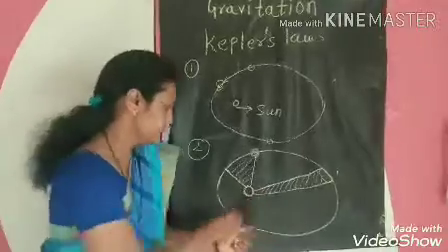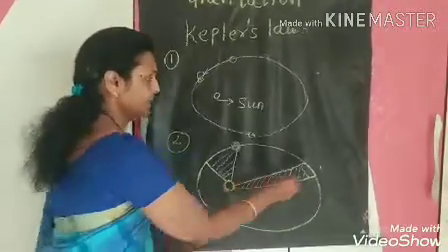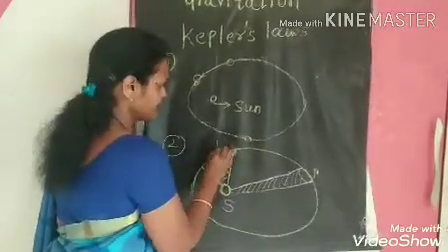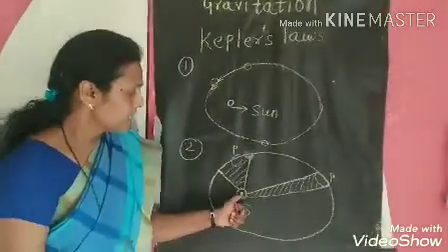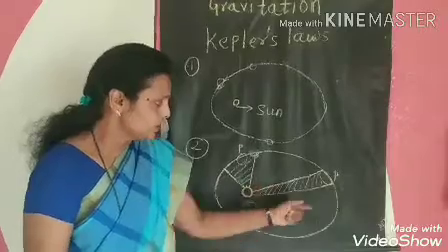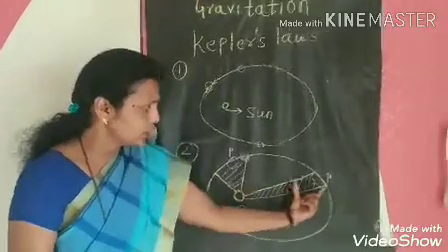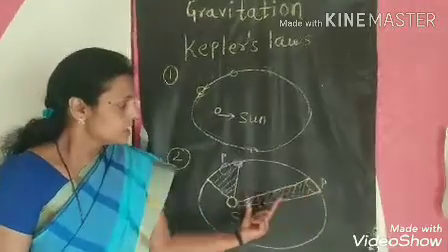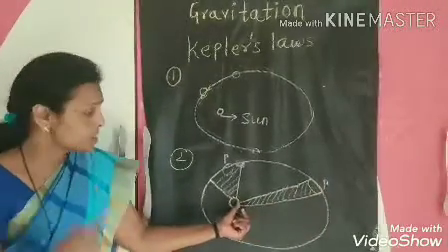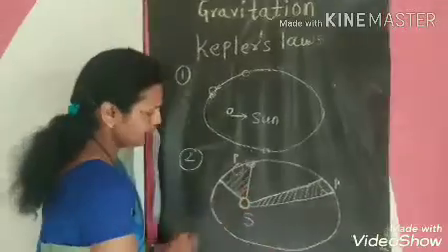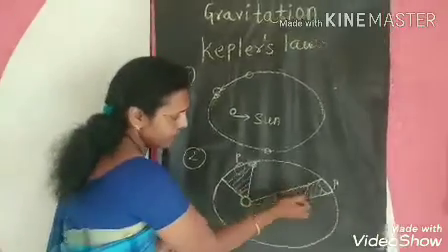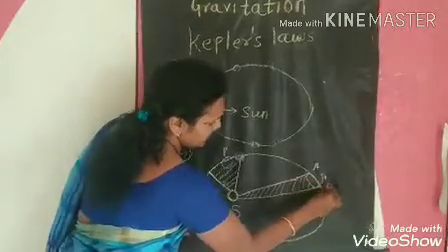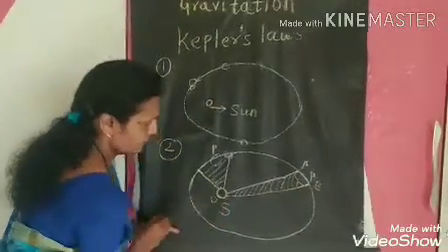Here is the sun, here is a planet. Then the line joining the sun and planet sweeps equal area.